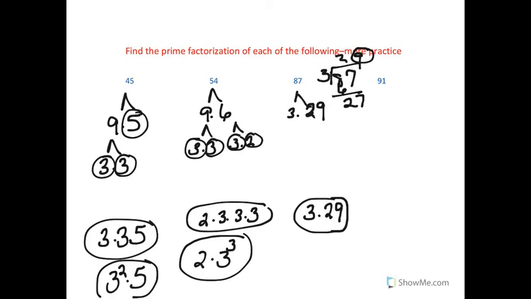91, now that's an interesting one. Doesn't end in a 2, doesn't end in a 5 or a 0, and if I add up 9 and 1, I get 10, so 3 doesn't go in. So you have to do some checking. Put some effort and some research into this. Like, okay, 91. What are the numbers? 2, 3, 4, 5, 6, 7. Well, let's see. 7 times into 91.